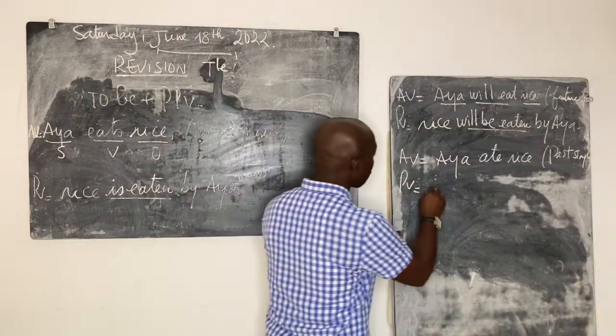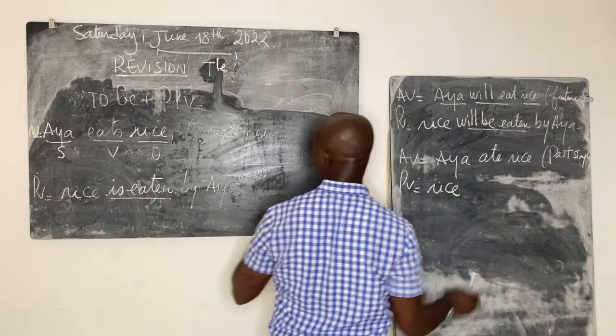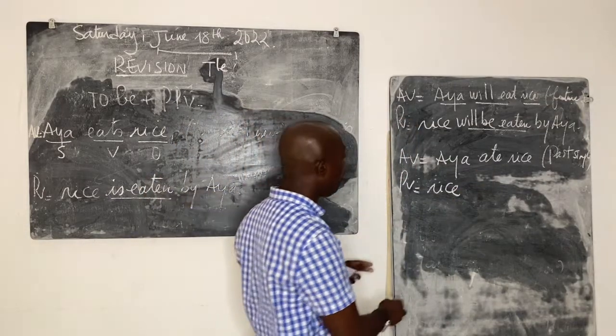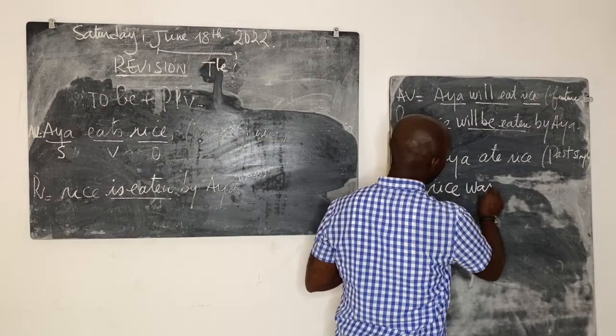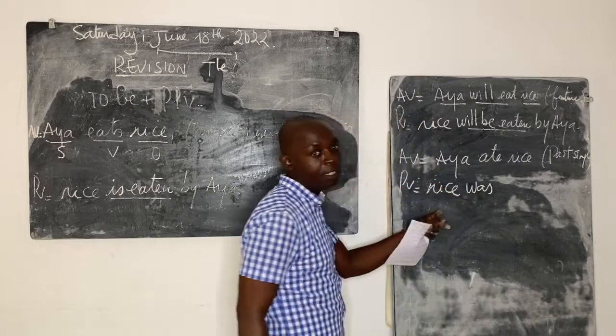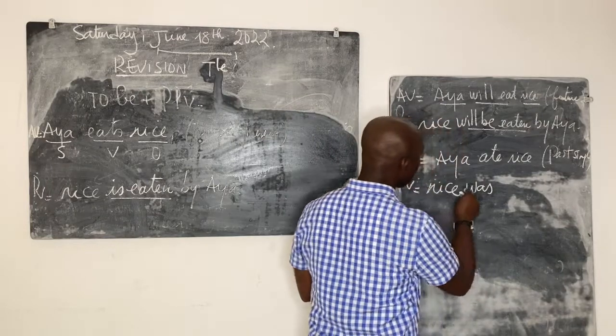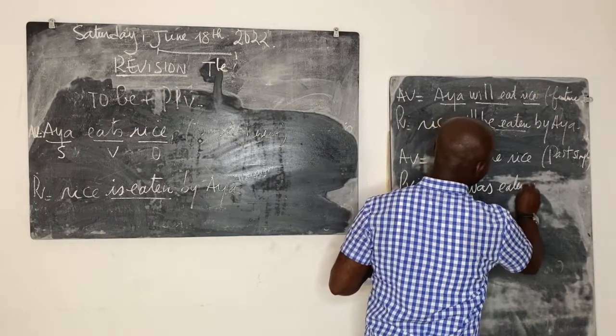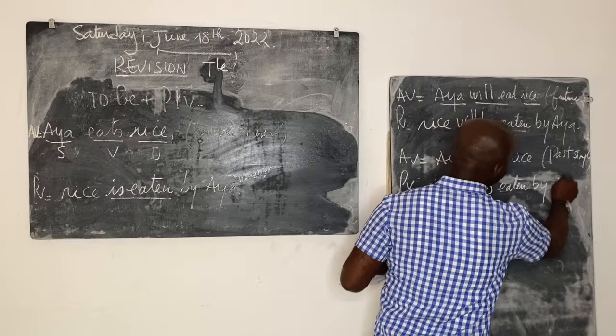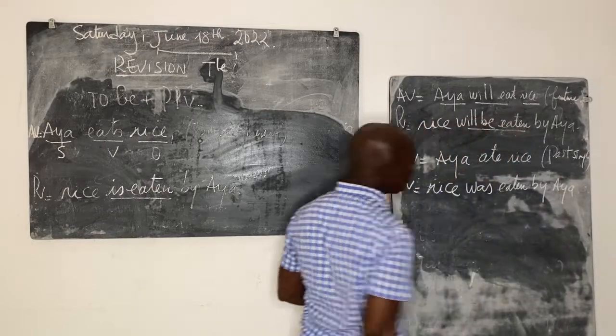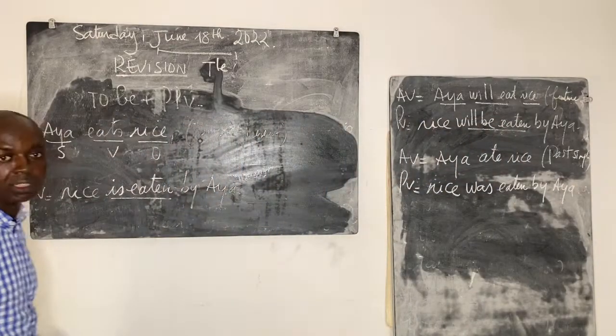It's going to be rice. To be conjugated in the past, it's going to be was, because you can replace to be by eat. Rice was eaten by Aya. This is how it works.